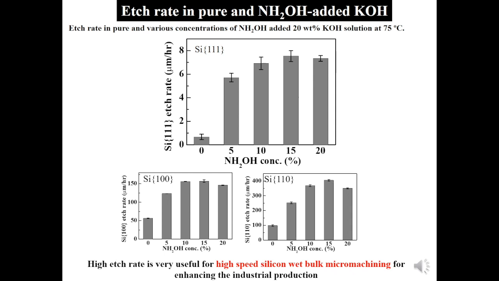So what I would like to say is that the high etch rate is very useful for high speed silicon wet bulk micromachining for enhancing industrial production, because the etch rate is very high, so we need less time for etching to achieve the required depth, cavity, or to fabricate a freestanding structure.